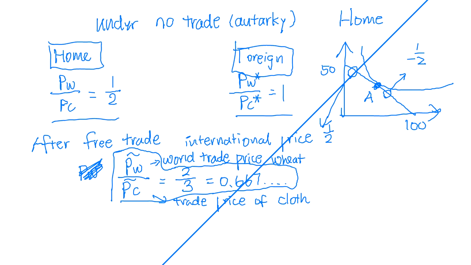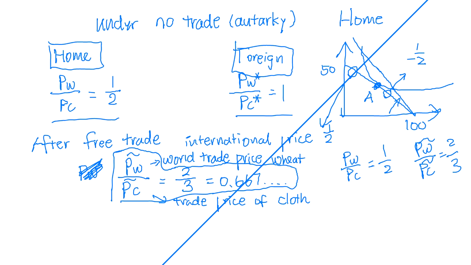So the original slope is 1/2, but now the price becomes 2/3. The relative price originally is 1/2, and the world trade price is 2/3. So the resource constraint will rotate out. Why?